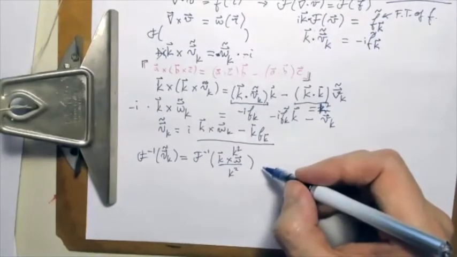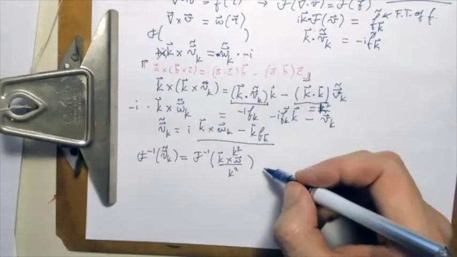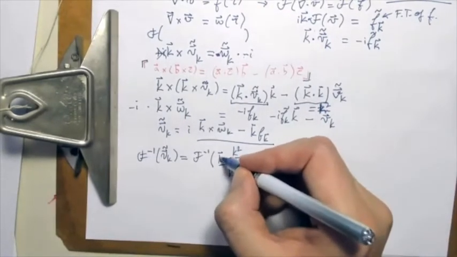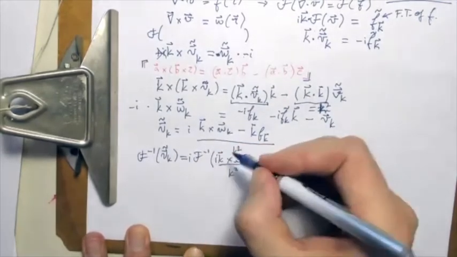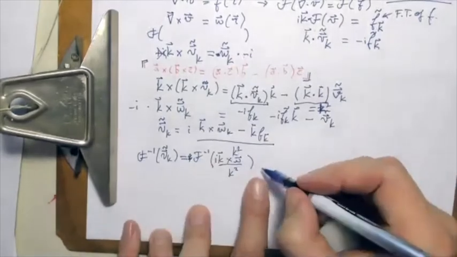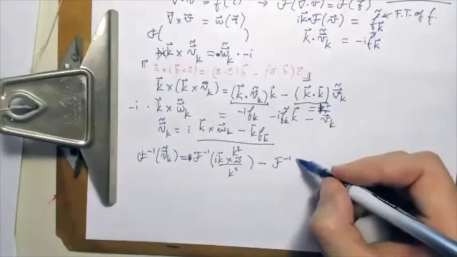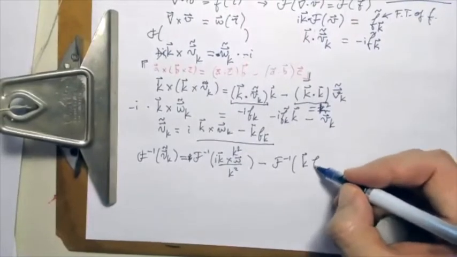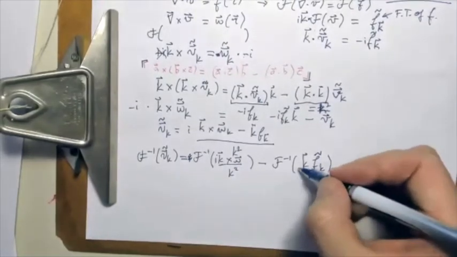There's an I of k here somewhere. Yes, and then minus the inverse transform of k with the f of k, that's the scalar field, also with an I.